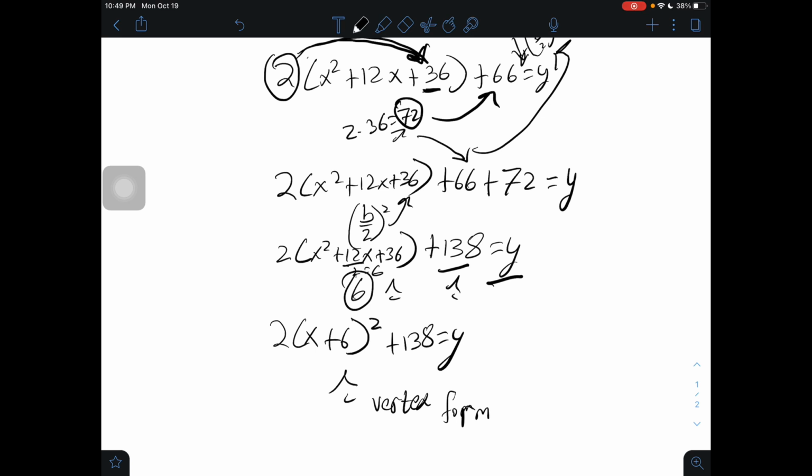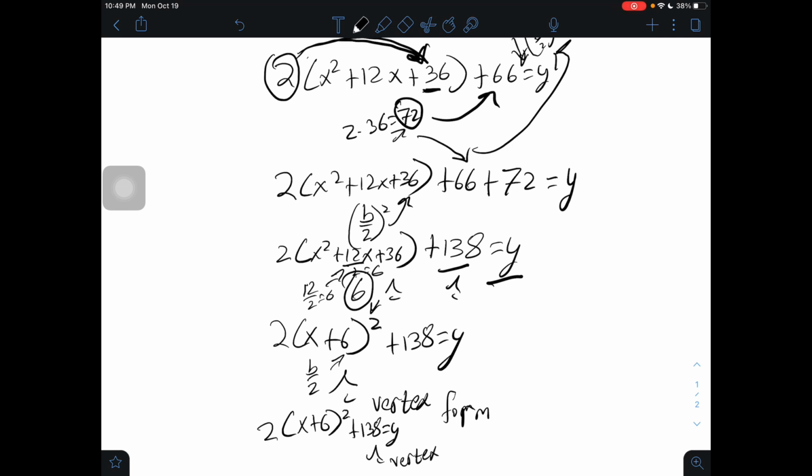And since it's now a perfect trinomial, we can simplify it down to x plus 6 squared. This 6 is our b over 2, and originally our b was 12. 12 divided by 2 is 6. So we have 2 times x plus 6 squared plus 138 equals y. And that is our vertex form.